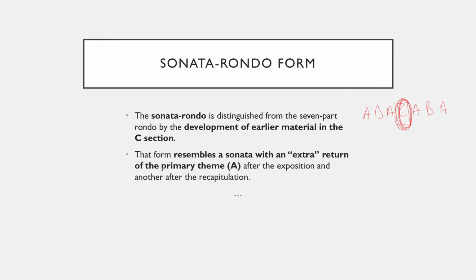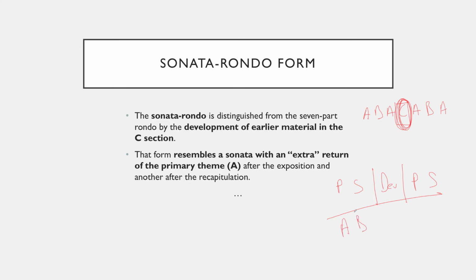The difference between sonata and rondo is, in the sonata we have primary theme, secondary theme, and then a development. And in the recapitulation we have once again primary theme and secondary theme. In the sonata rondo we have A part, B part.